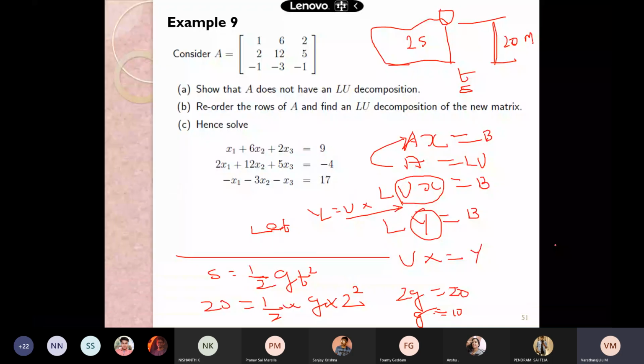Please try to solve these equations yourselves. Google it and find the condition for LU decomposition and how we can get the results. Usually, it should be diagonally dominant.